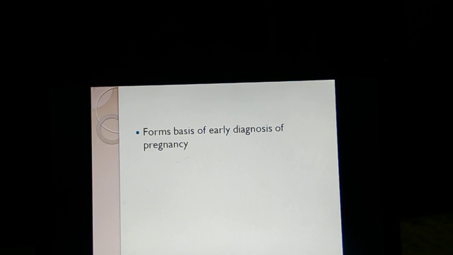So you must have seen the commercial kits available for the detection of pregnancy, prega kits hoti hain, and if the patient puts a drop of urine onto that kit, the lines appear. So the basis for that test is the early secretion of HCG by the syncytiotrophoblasts.